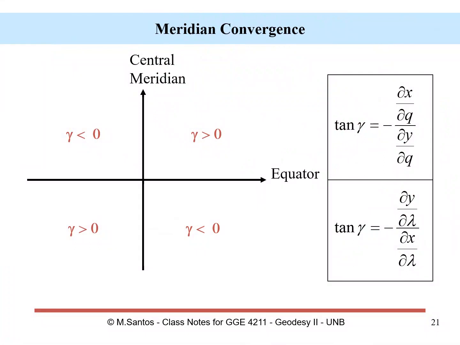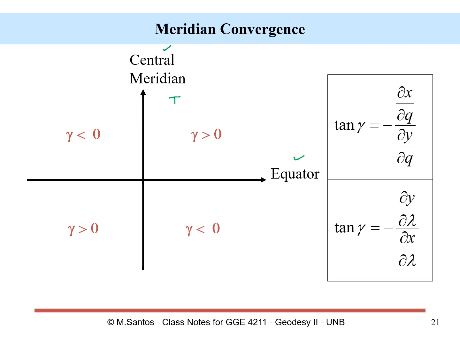Now let's talk about the central meridian. The meridian convergence. Again, we have a central meridian. We have the equator. Okay, the central meridian can be anything, can be Greenwich, can be a reference meridian. We're going to see in UTM, can be the central meridian of a zone.